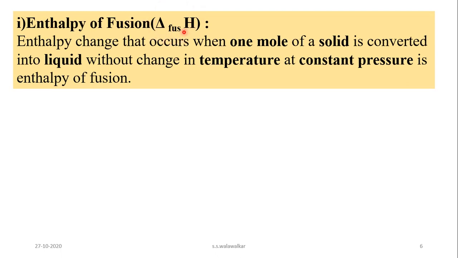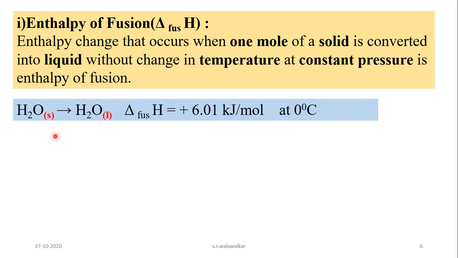That gives you the enthalpy of fusion. So, for example, ice, solid water, when converted into liquid water at 0 degrees Celsius, the enthalpy of fusion is plus 6.01 kilojoules per mole. This much amount of heat, 6.01 kilojoules, is absorbed by ice, and then it gets converted into liquid water.